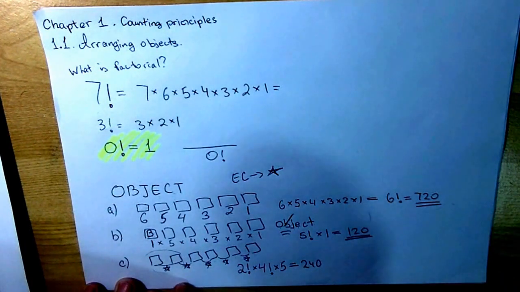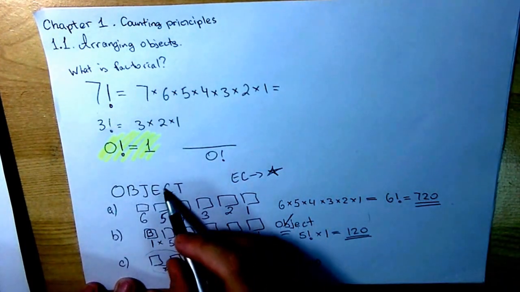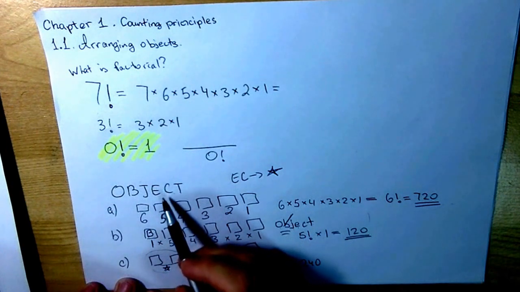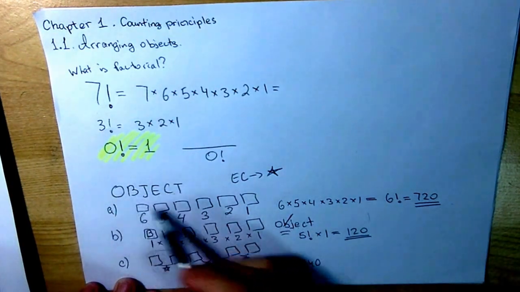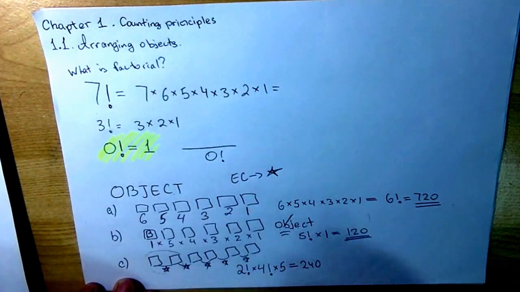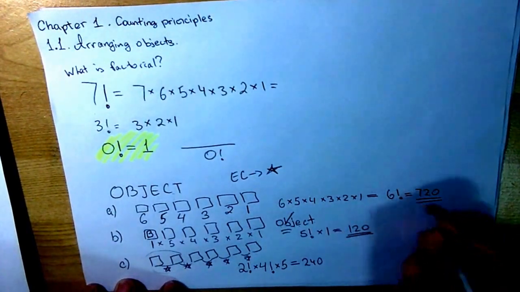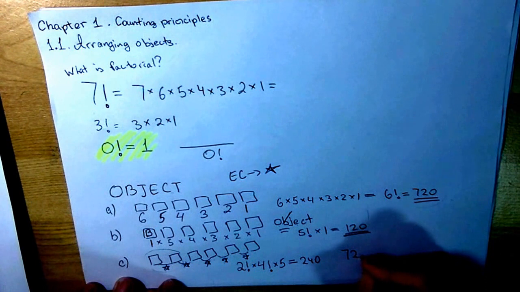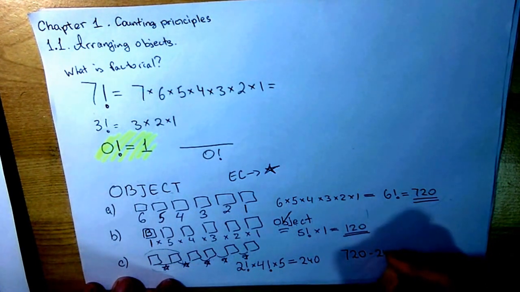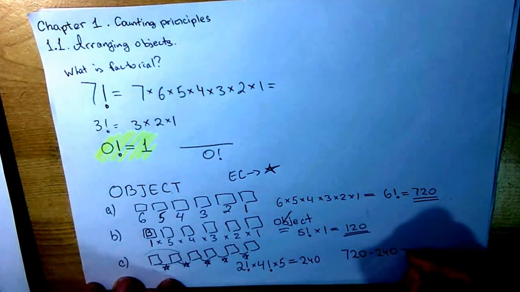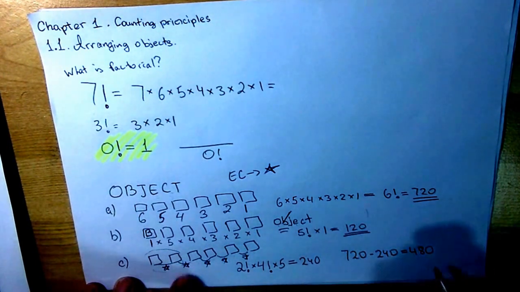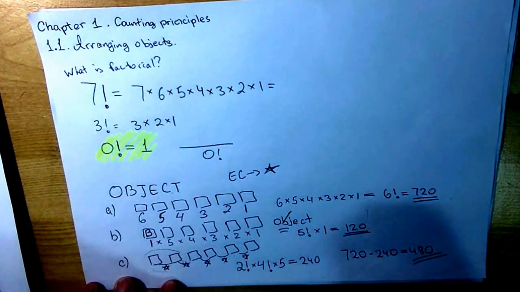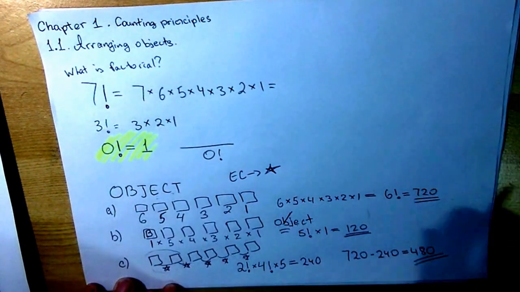But our question was different. We should have found how many ways there are to arrange the word without E and C together. So we just take this 720 and then we do minus 240 and then we get 480. There are 480 ways of arranging E and C apart.